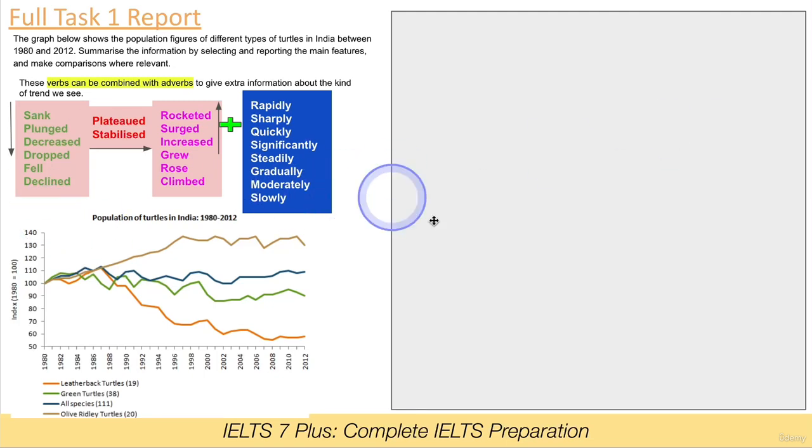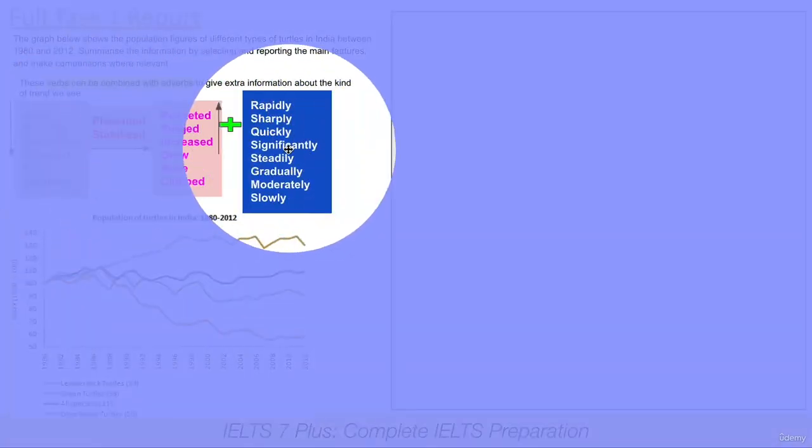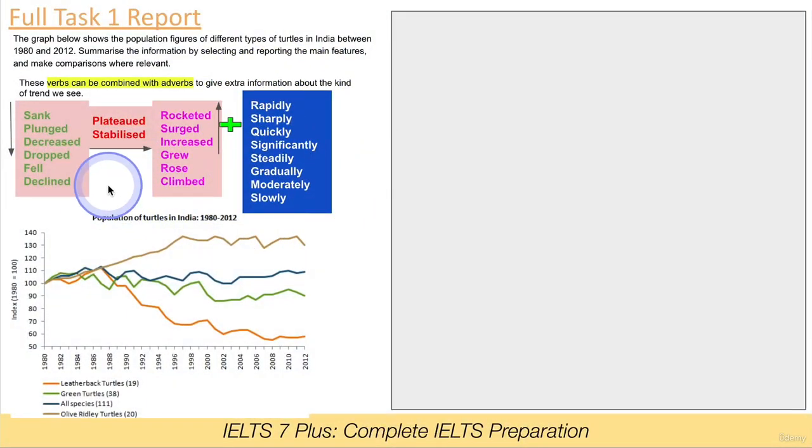Okay then, so let's go to our write-up. We have our question. We have also some really useful words and synonyms. Words for decreased, stay the same, increased, and then when you add these with these adverbs here, when you put them together, they make for a really nice way of reporting back on trends and talking about what's happening.